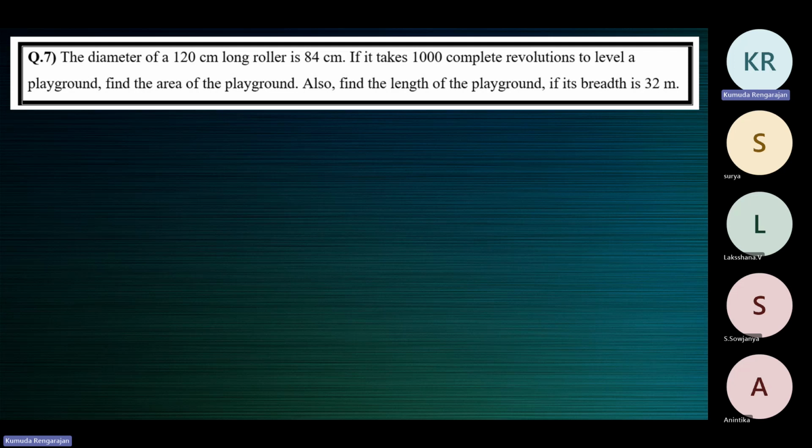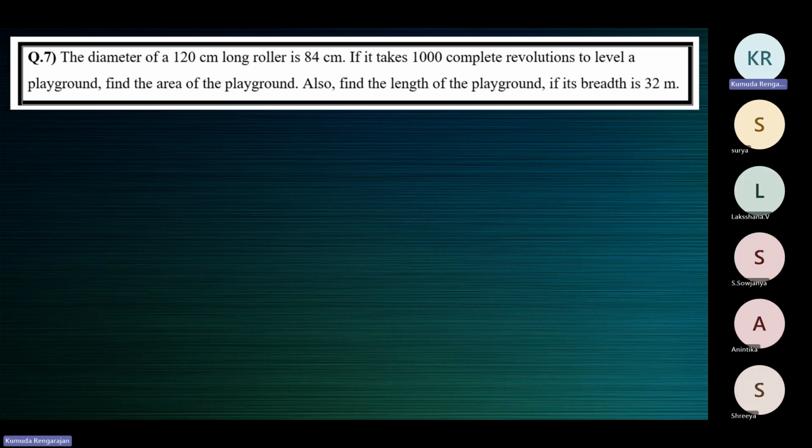Now the roller has to make 1000 revolutions to completely level the playground. The playground has ups and downs, and the surface has to be leveled. So the cylinder has rolled over the entire surface of the playground in 1000 revolutions.